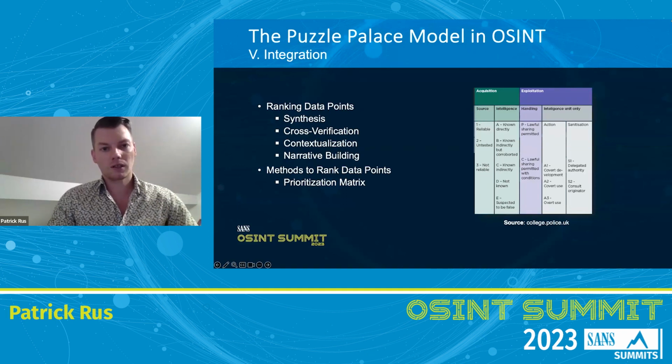So one model here that I mentioned is provided by College of Policing in the United Kingdom, and is based on two phases, the acquisition and exploitation. So you have a ranking for source and intelligence, for example. And then we have a ranking for how the intelligence is handled, and also for the specific intelligence unit. Of course, this model has to be adjusted and adapted to the private sector or other specific organization.